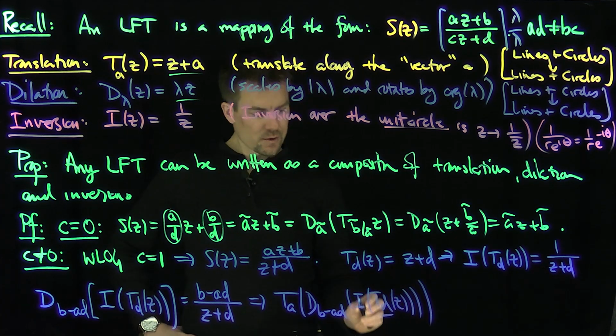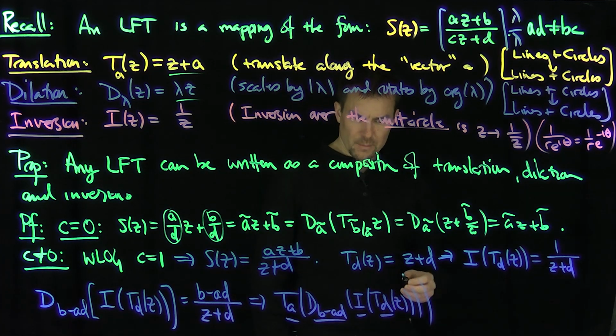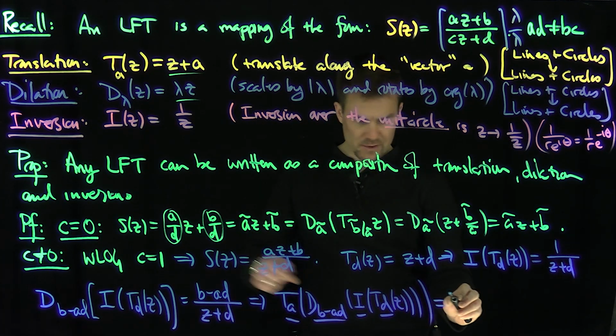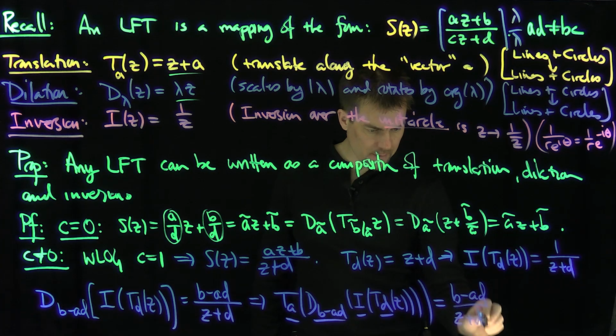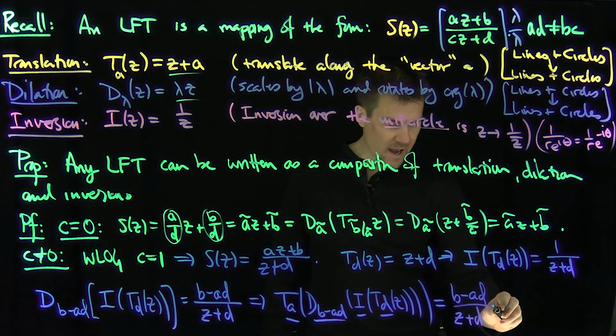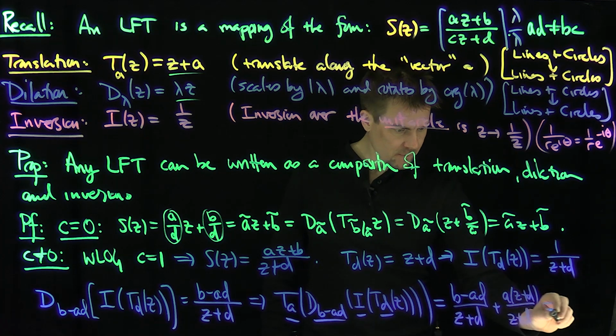So I have a translation, inversion, dilation, translation. What is that going to be? It's going to be b minus ad over z plus d, and into that I'm going to add a. So I'm going to write that as (az plus ad) over... sorry, a times (z plus d) over z plus d.